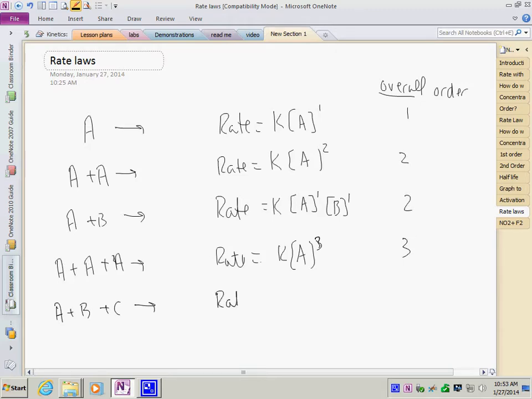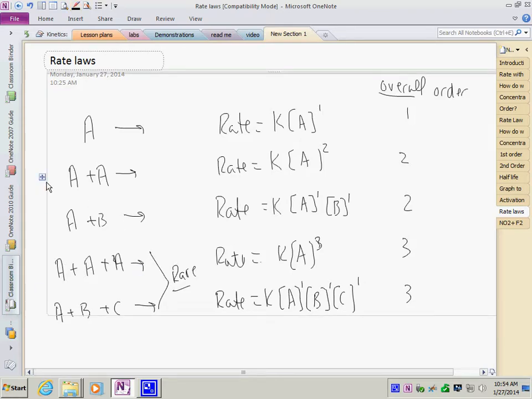Rate equals k, concentration of A, concentration of B, concentration of C. And it's third order overall, first order with respect to all of these guys. These 2 guys here, it's tough, you know. It's rare to have this type of chemical reaction.